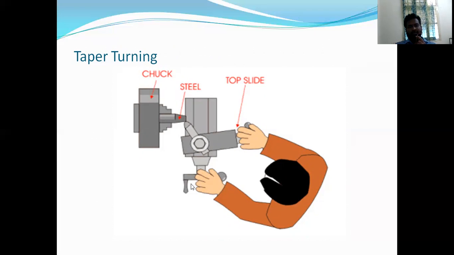In the earlier lathe discussions, we rotated this wheel for giving the feed to this compound rest. But in the compound rest swivel method, we rotate this wheel to move the cutting tool, producing the taper shapes.